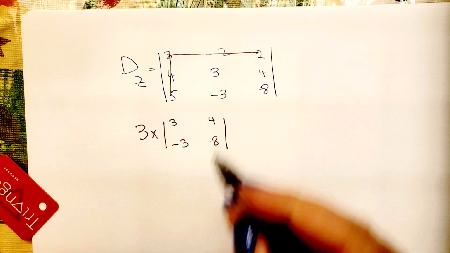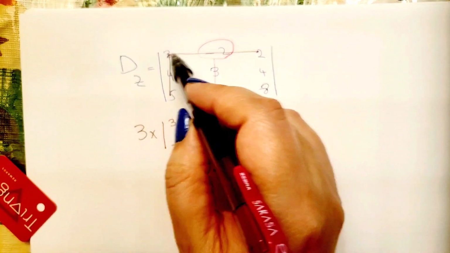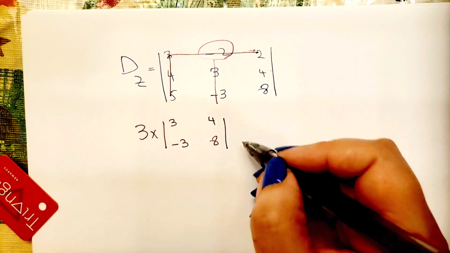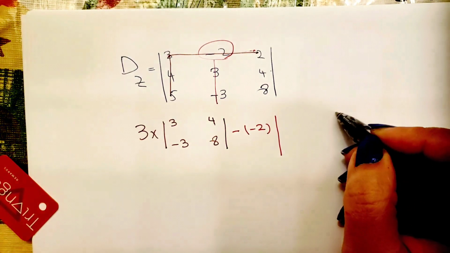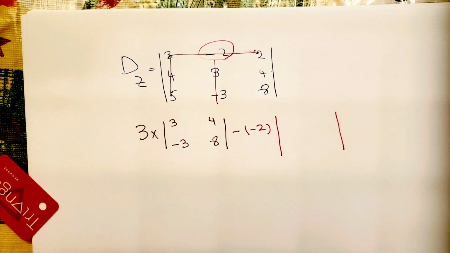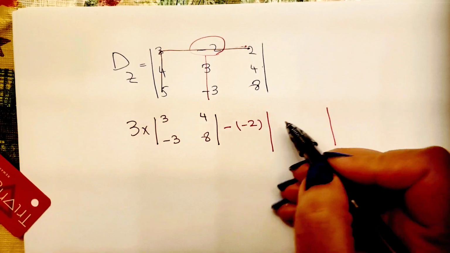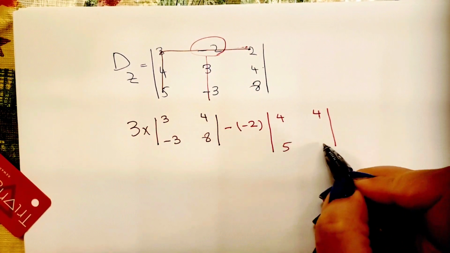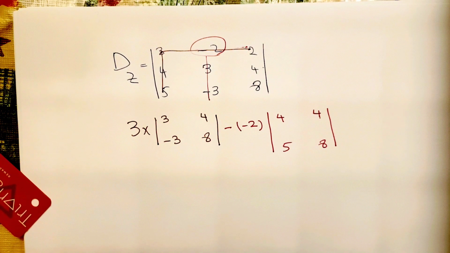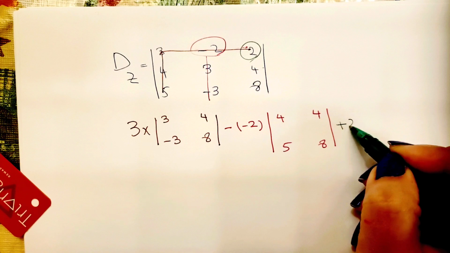Okay, the second main number is -2. So this column and this row would be eliminated. -2, and then what's the determinant? So the determinant would be 4, 4, 5, 8. And let's do the third main number, which is 2.